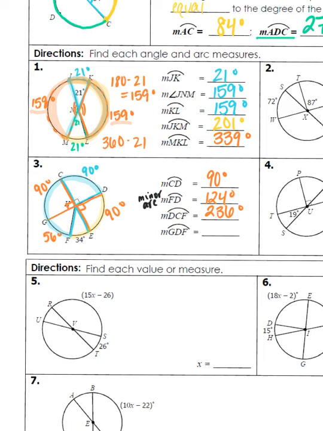And then last but not least, we have GDF. So I'm going to follow G to D and then all the way around to F. So again, this is almost the whole circle with the exception of 56. So we could do 360 minus 56, and that gives us a total of 304. Okay?